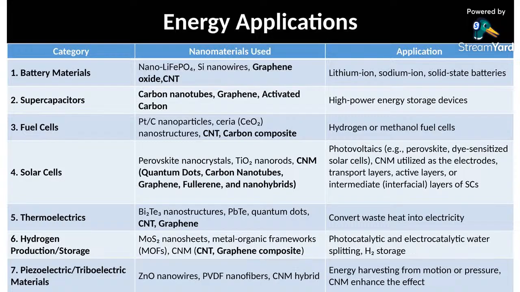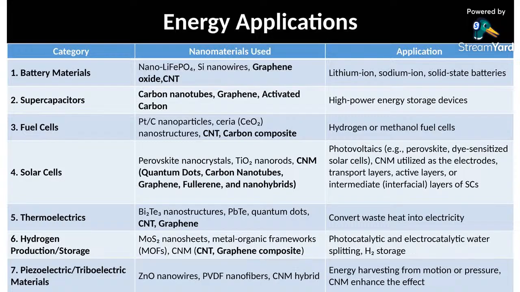In this category, battery materials: we use carbon-based batteries, which are very inexpensive compared with lithium-ion batteries. Carbon-based nanomaterials are used in battery materials, and research is still going on to advance them.